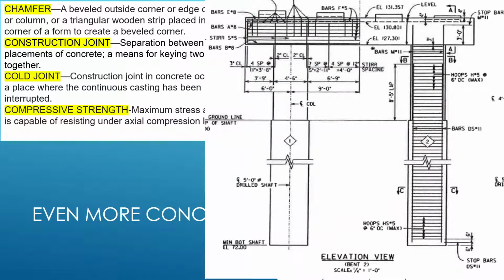Another place that you'll find construction joints is where you have different pours on, say, a bent here, the top of the drill shaft and the top of the column.